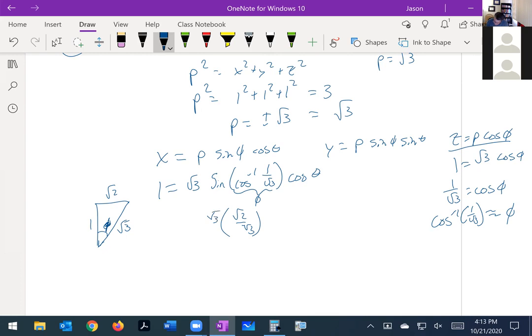Cancel out the radical 3, so 1 over radical 2 is equal to the cosine of theta.